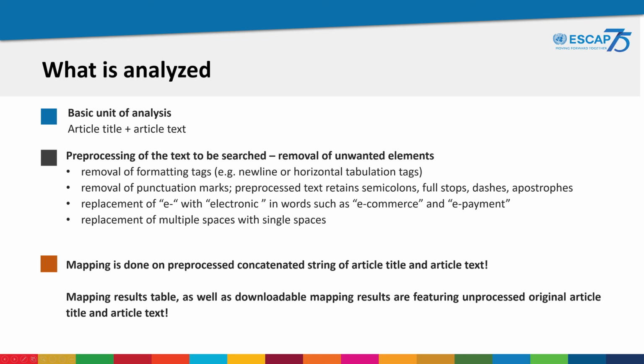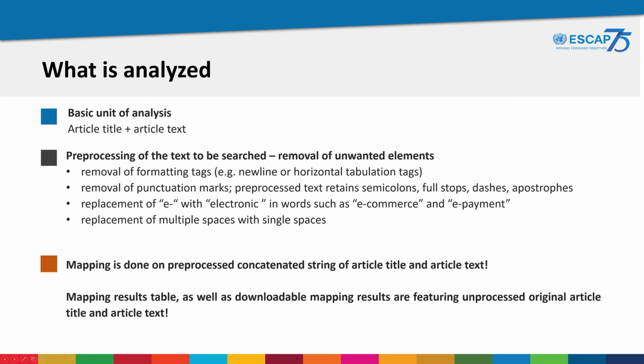One thing that gets removed is all of the punctuation marks and symbols except semicolons, full stops, and dashes. We keep semicolons and full stops because they usually delimit the complete statements within the articles, and dashes are often parts of different words.